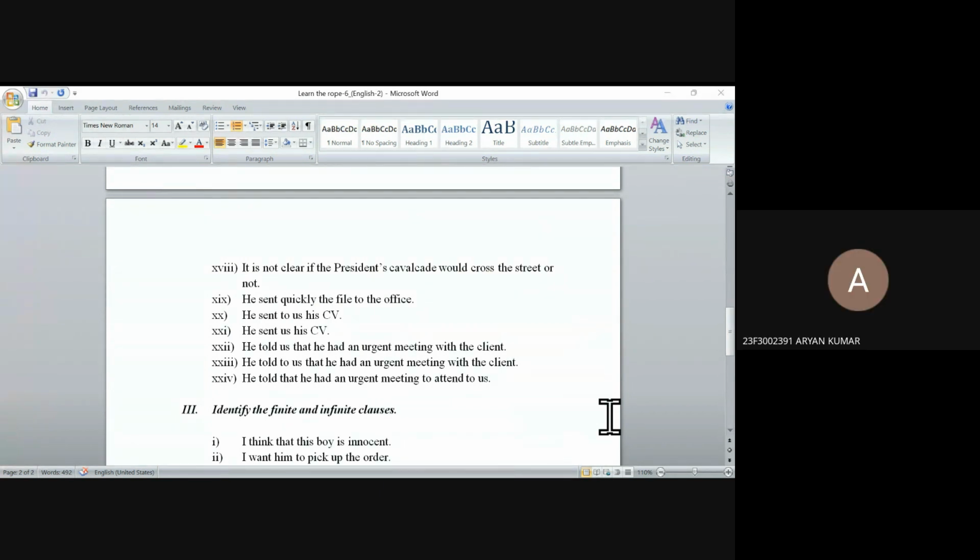In the first sentence, ma'am, it's between the verb, right? It follows the verb. Yeah. And in the second one, it's after. Same thing, right? So in the first case also, it follows the verb. In the second case also, it follows the verb.